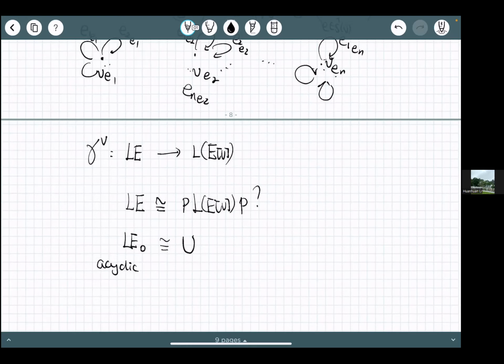Since this graph is acyclic, perhaps it is true that by a process of bifurcation splitting, doing it many times, you can remove as many bifurcations as you want and get an isomorphic Leavitt path algebra.